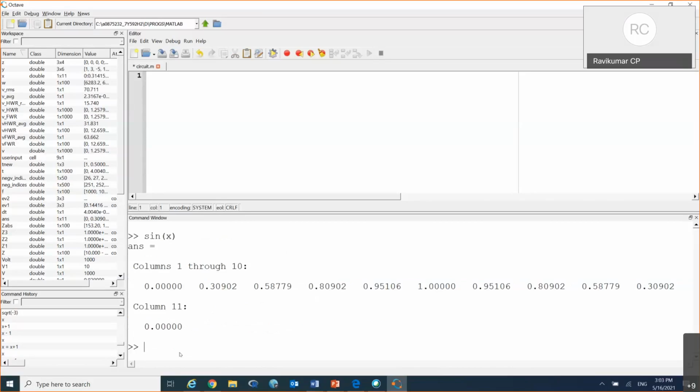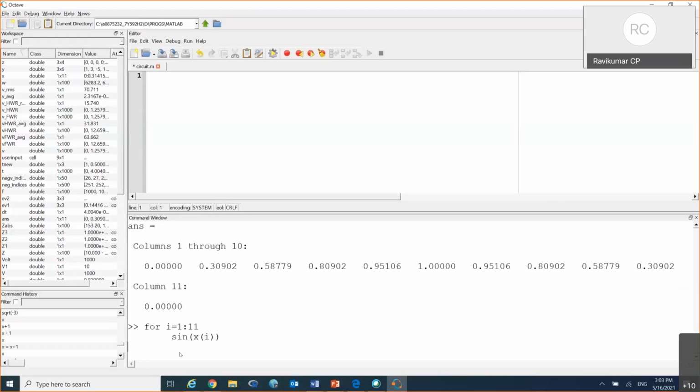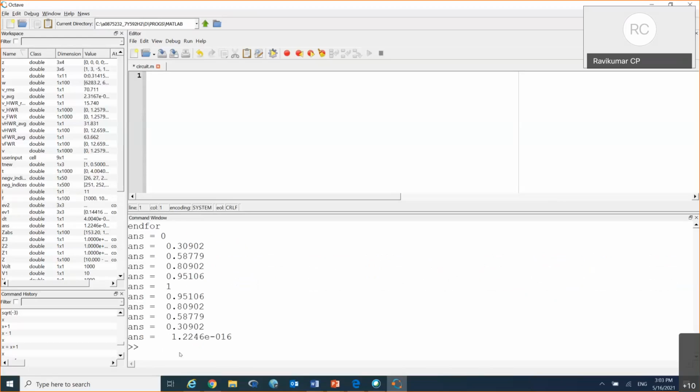We don't have to say something like for I equals 1 to, let us say, 11, sine of x of I. We don't have to say this. But this is how for loops are written.